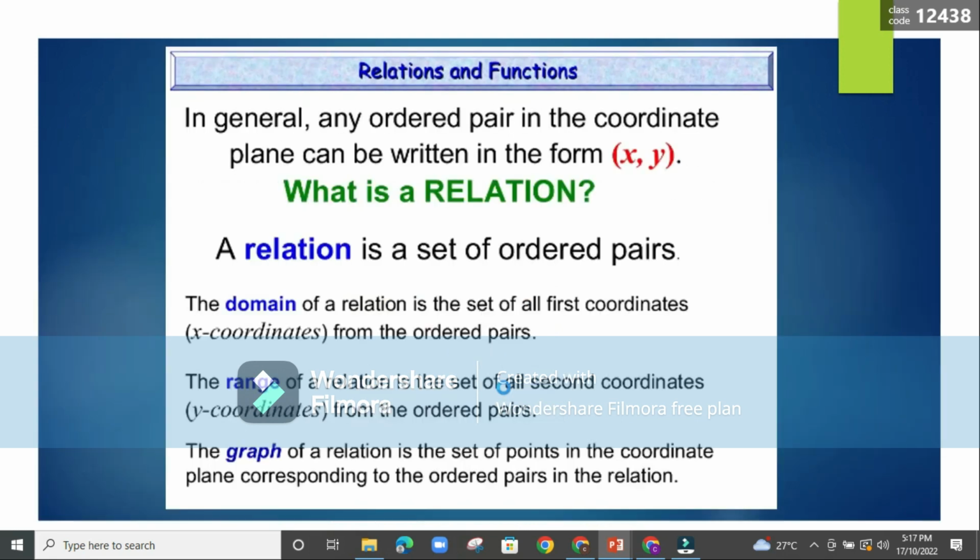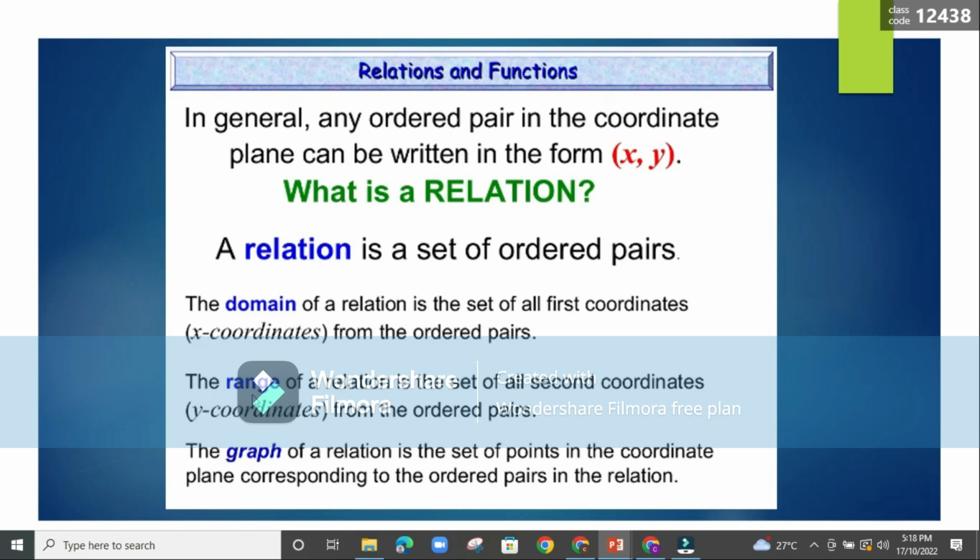Okay. So in general, any ordered pair in the coordinate plane can be written in the form (x, y). So what is then a relation? Okay, so now let's discuss the concept of relation. A relation is a set of ordered pairs. The domain of a relation is the set of all first coordinates, we call them x coordinates, from the ordered pairs.